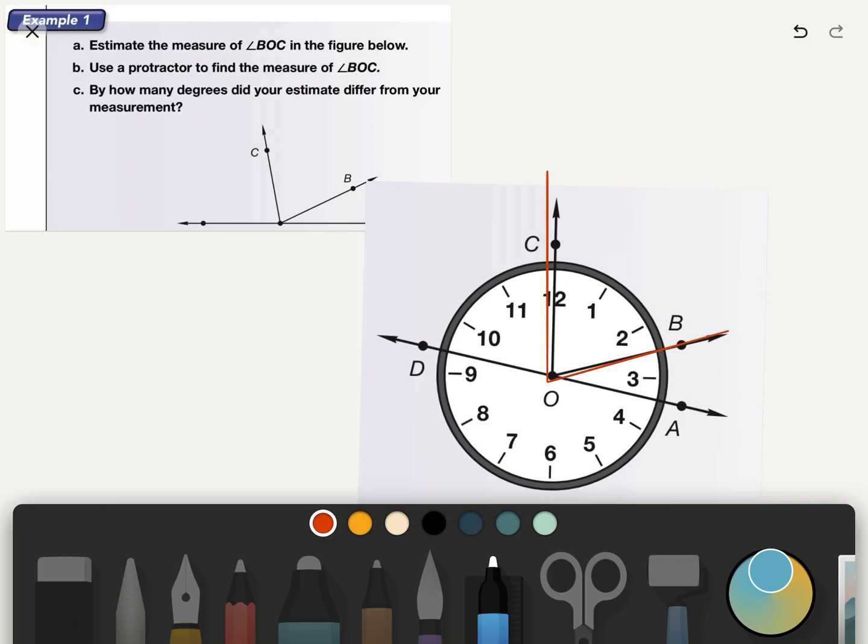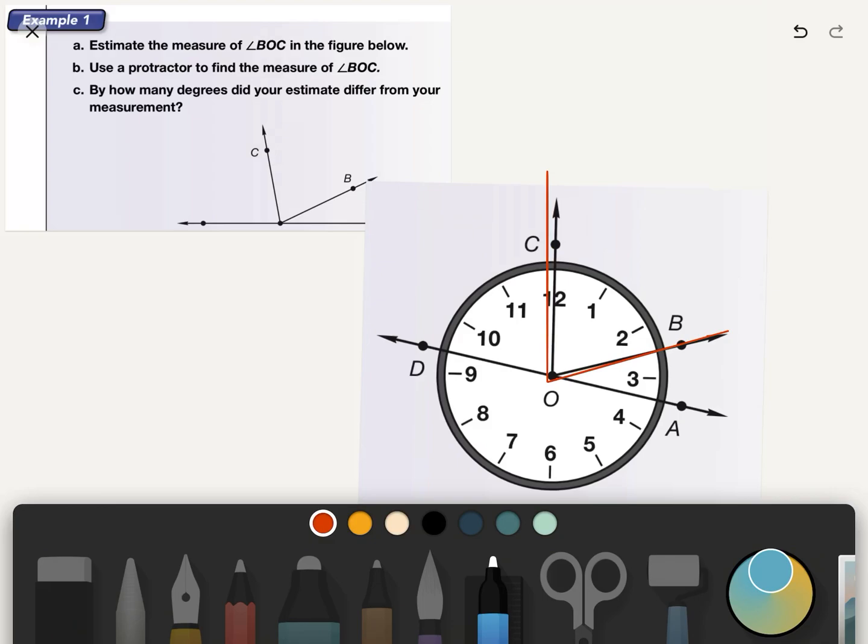Then it says use a protractor to find the measure of BOC, which, no, you don't have to put a protractor up to the screen or on your book, or if you don't have a protractor, do not worry about it, because I don't think we even really need it, especially looking at our clock. How many degrees did your estimate differ from the actual measurement?